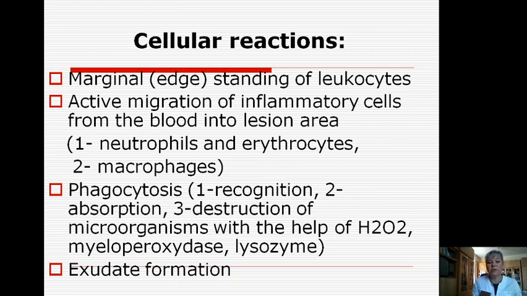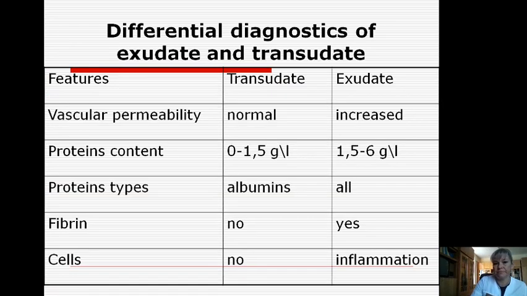As a result of migration of macrophages, we see phagocytosis. At first, recognition, the next, absorption and destruction of microorganisms with the help of peroxidase, myeloperoxidase, lysosome ferments. As a result, we see formation of exudate.